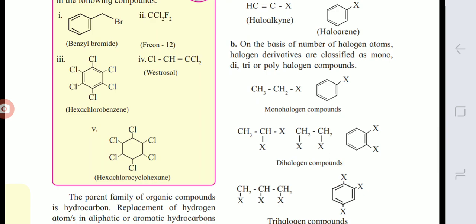Such a class is called geminal dihalide. The name of the compound is 1,1-dihaloethane. Common name is ethylidene dihalide.